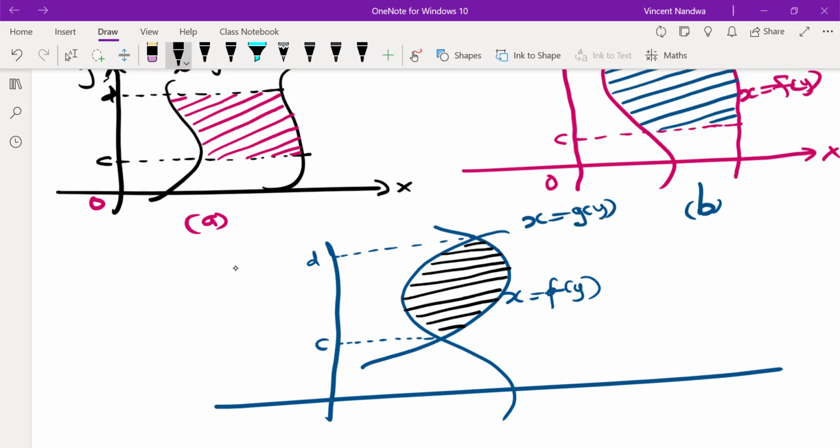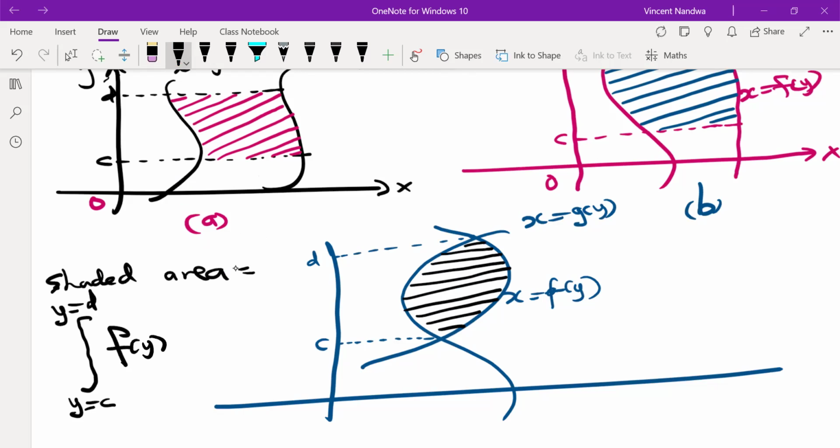So in all these cases, the shaded area is the integral from y equals c to y equals d of f of y minus g of y.